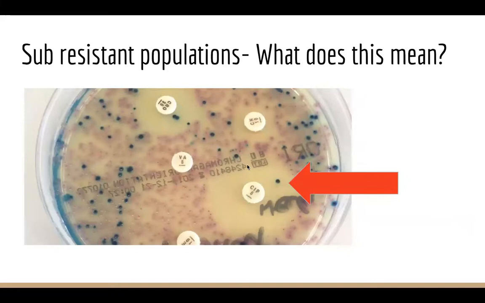Now we've got sub-resistant populations, and this is an MHF plate, I think, and these sub-resistant populations are the worst. If for example you're asking what antibiotics this bacteria is resistant to, you can see that it's resistant to vancomycin there, the VA, and we've got SIP here, but it looks like honestly it is resistant to some of these antibiotics as well.